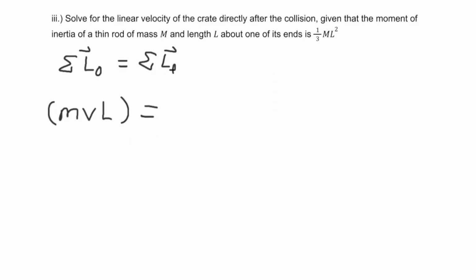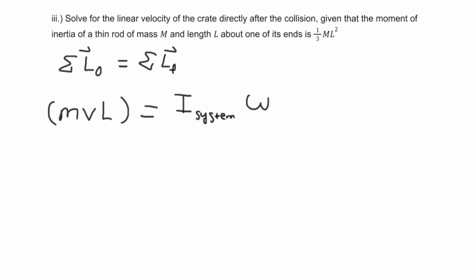So that's what it looks like to start. And then after the collision, it's going to rotate. So we have rotational angular momentum. So we have I of the system times omega.